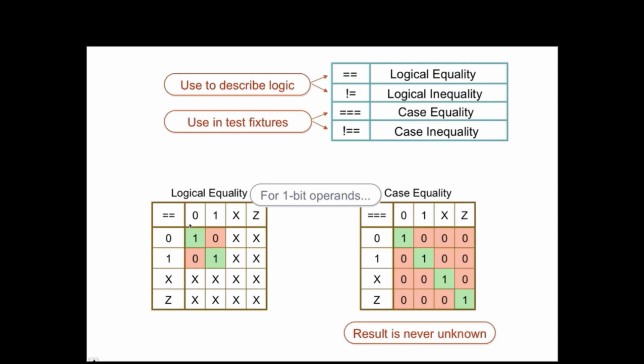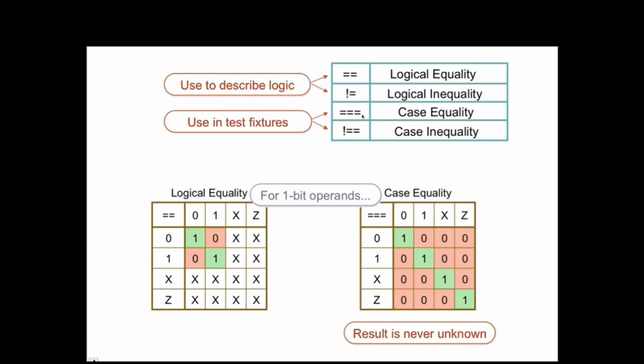The next mistake I want to talk about is the equality operators. If you look at the different equality operators in SystemVerilog, there's the double equals, and the exclamation point equal. This one, the double equals, is logical equality, the other one is inequality, not equals. And then there's also triple versions of these.